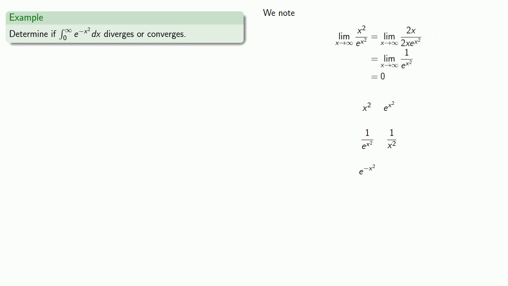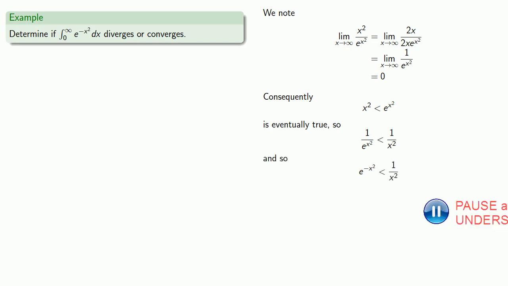We find that the limit as x goes to infinity is 0. Consequently, x squared less than e to the power x squared is eventually true, and so their reciprocals will have the same inequality, and that gives us e to minus x squared must be eventually less than 1 over x squared.